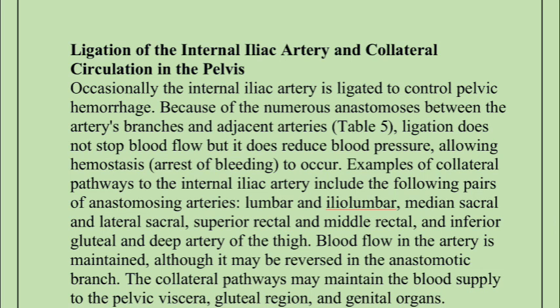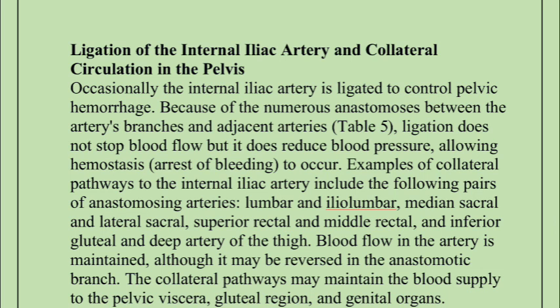So you have collateral pathways to the internal iliac artery, including from anastomosis. Some arteries anastomose. You have the lumbar and iliolumbar arteries. Anastomosis between the lumbar and iliolumbar arteries is one of the collateral circulations you have.